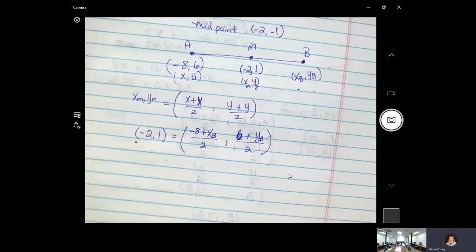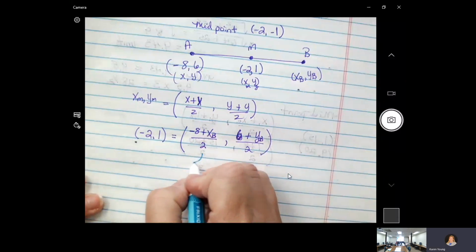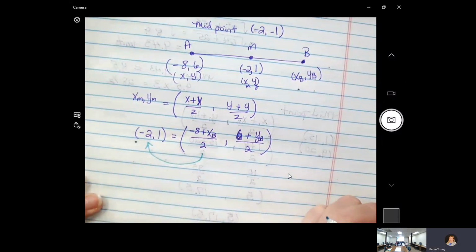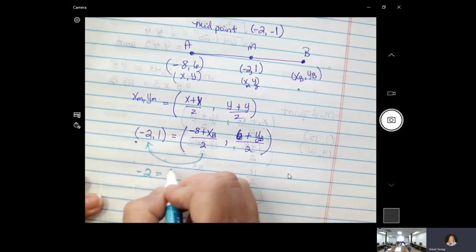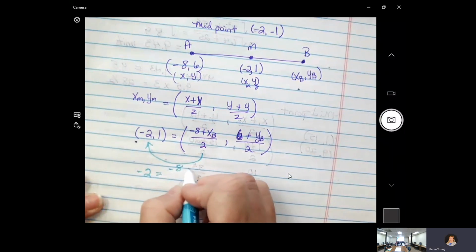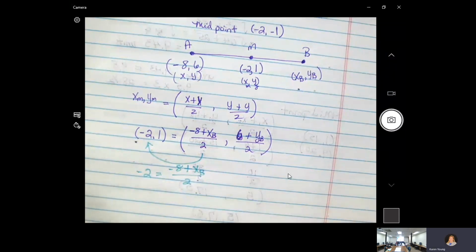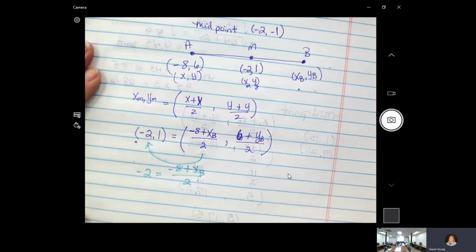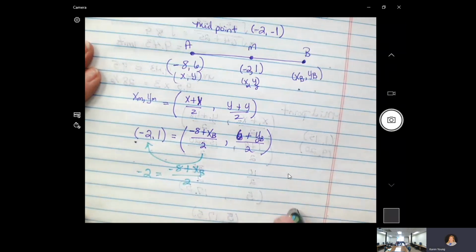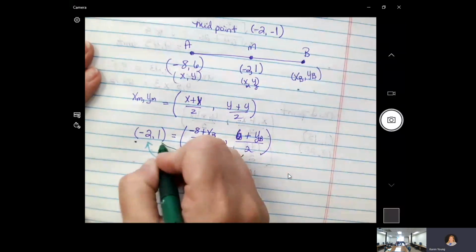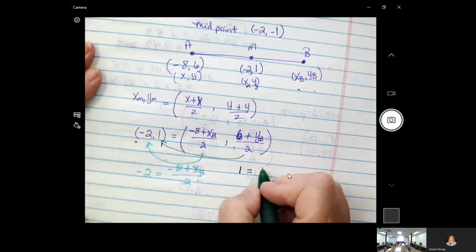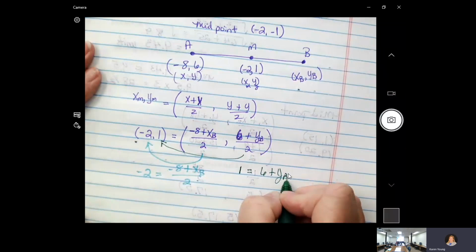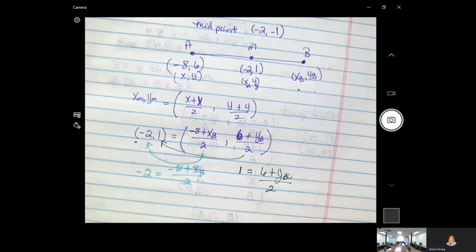So what we do is we take our x's and set it equal to our x midpoint. So I'm going to have -2 equals the -8 plus xb over 2. That was not a good color to choose. And then I'm going to take my y and set it equal to my y coordinate, where I have 1 equals 6 plus yb over 2.